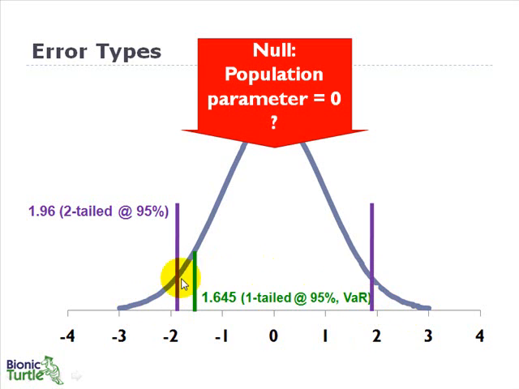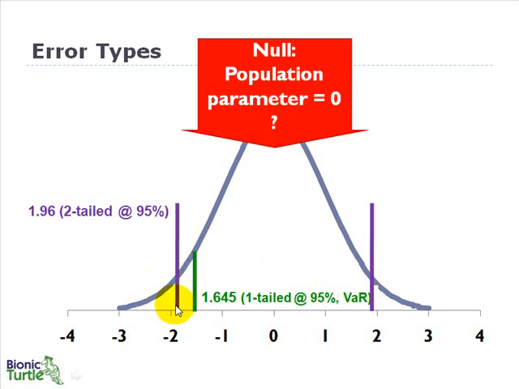So we can say if the normal curve fits our data, that's a real questionable assumption, that just by sheer randomness we expect 95% of the observations to fall within plus or minus 1.96 standard deviations. Now if we do a one-tailed test at 95%, then that means 5%. Now I've shifted to the green line.